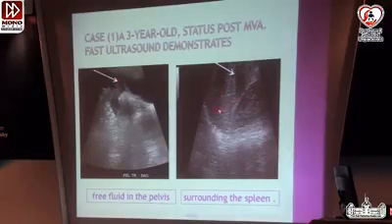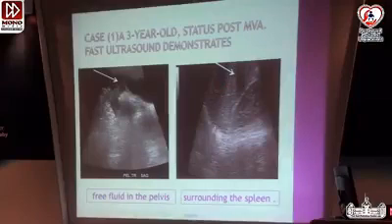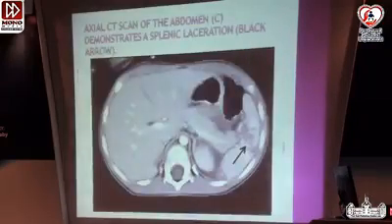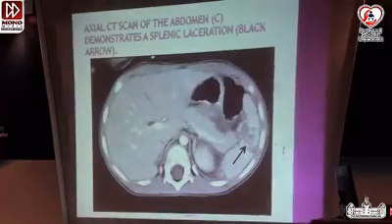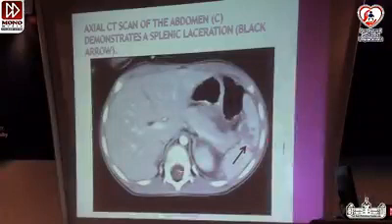This is the left hypochondrium. This dotted line here represents the spleen. That's the kidney. You can see also anechoic area here surrounding the spleen. So this is positive for fluid. We did CT for the same patient. As you see here, there is laceration of the spleen, which was the cause of this internal hemorrhage.